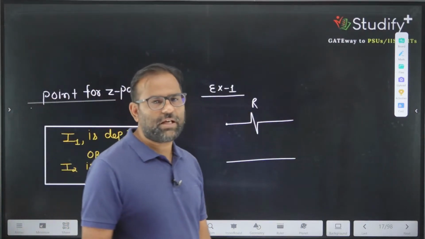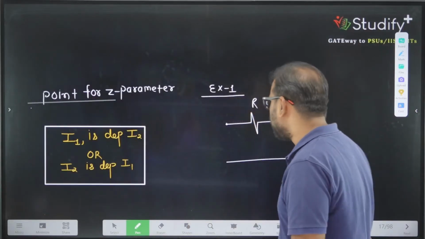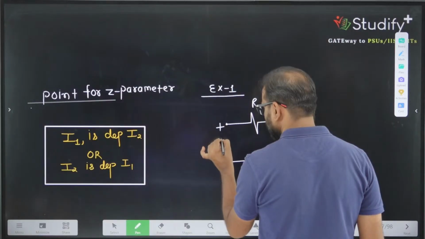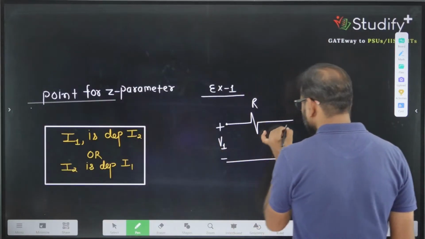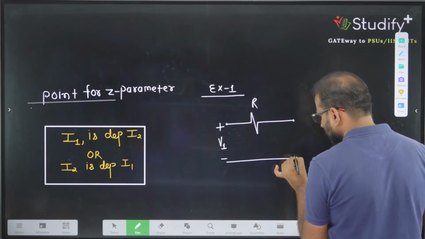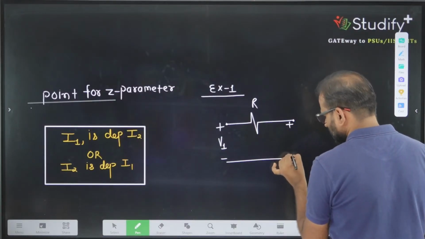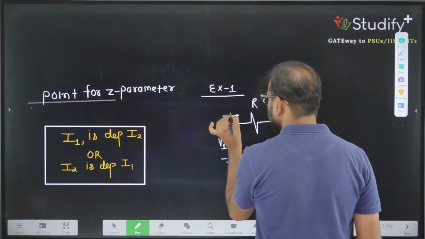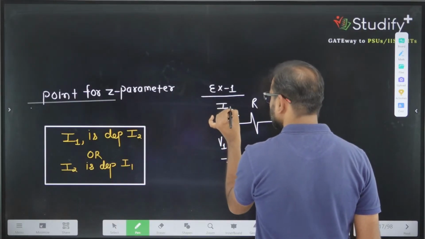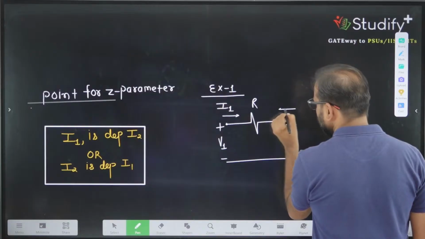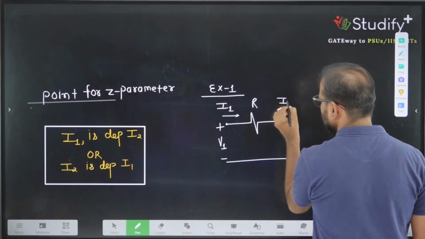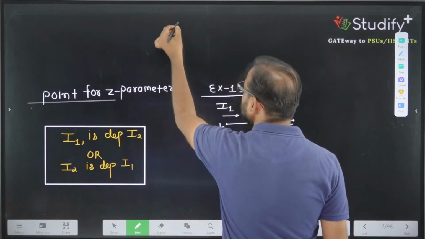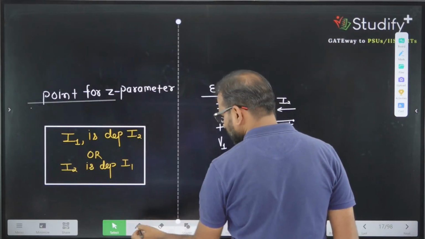Whenever we are interested in calculating the Z parameter of this network, this value is V1, this value is V2, we are calling this I1, and we are calling this value I2. Now what we are saying is that I1 and I2 are dependent on each other.